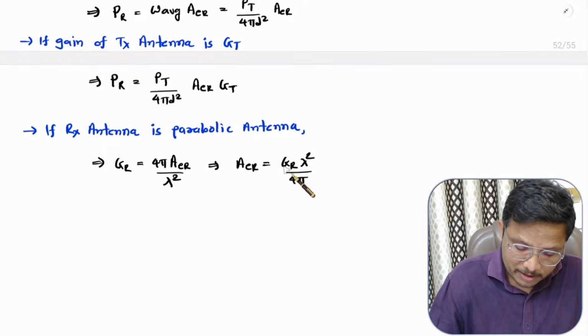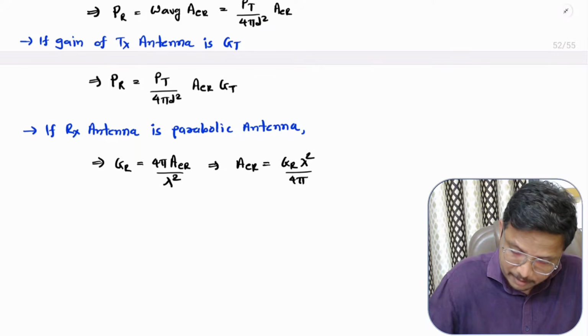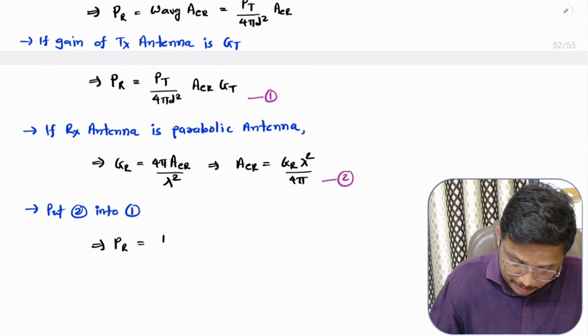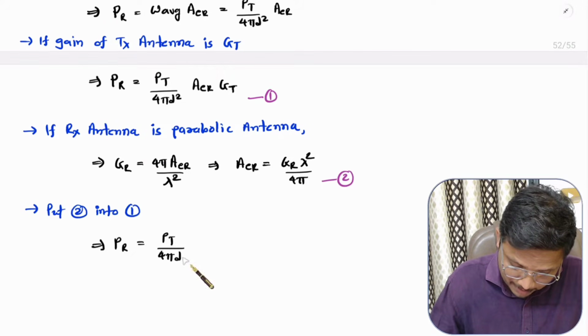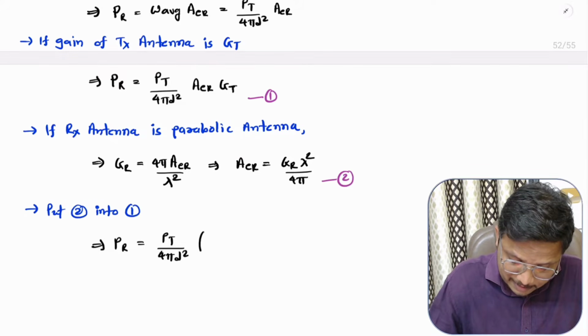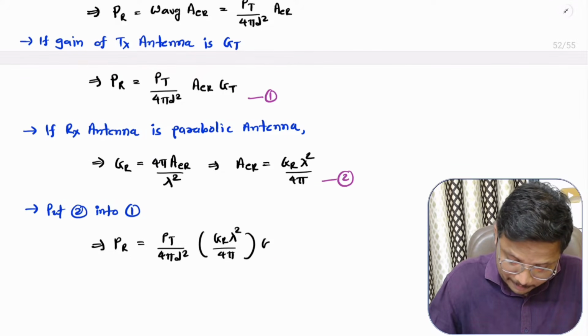Now substitute this in the main equation. The received power is PT by 4 pi d square, times GR lambda square divided by 4 pi, times GT.